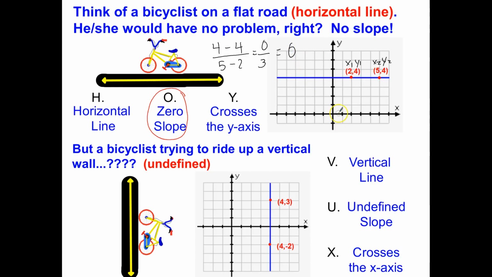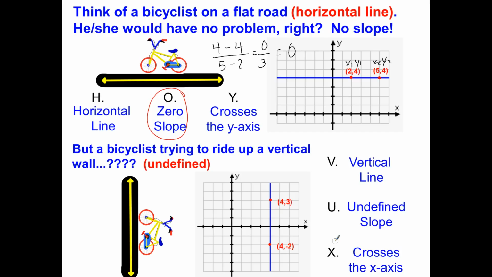Now, if I look here, vertical, undefined, x crosses the x-axis. We went over undefined slopes yesterday, but this is just a way to remember it. It's impossible for a bicyclist, unless you have superpowers. Stan Lee passed away recently, and he wrote a lot of comic books.